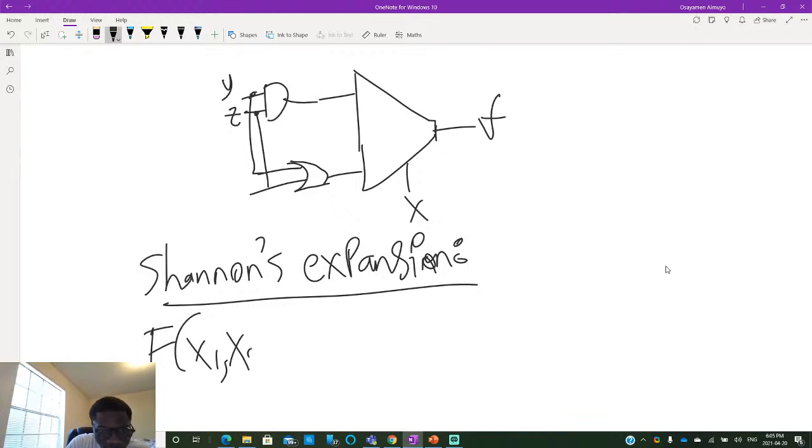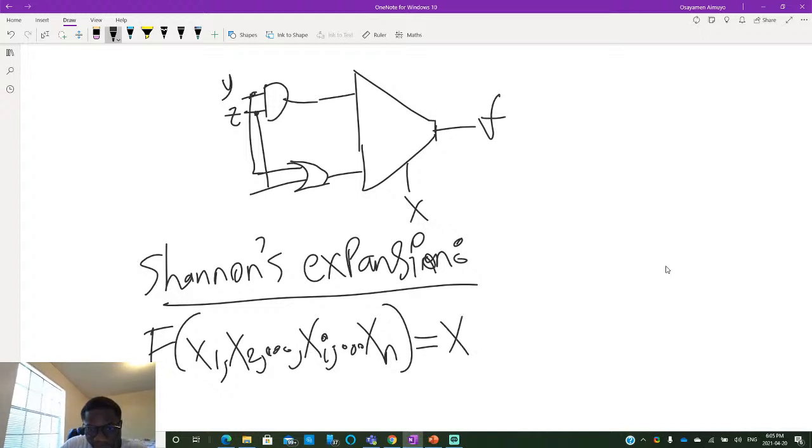You have x1, so multiple variables, and then you have xi, and then just multiple variables. So this is just xi bar, right?